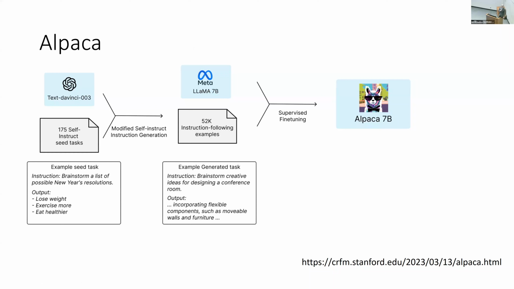Figure from their paper. They managed to generate a whole bunch of prompt data using something called self-instruct. Basically they manually did a bunch of seed tasks right here, 175 seed tasks, and just snowballed it using the language model.